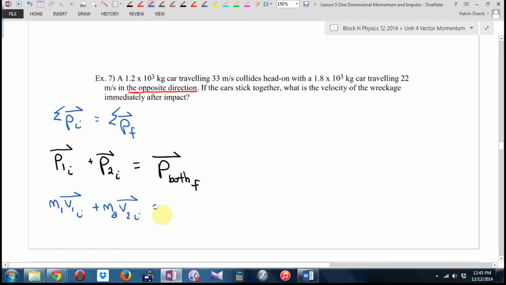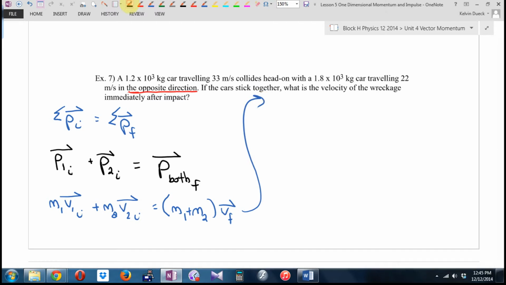How would I write the momentum of both? Well, I'll treat them like one big uber mass. I'll go mass 1 plus mass 2 times V final. And again, I mentioned the other day, but it's worth repeating, I'm being much more careful with my vector notation.